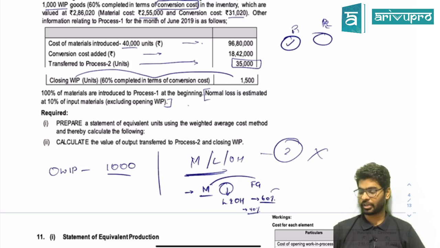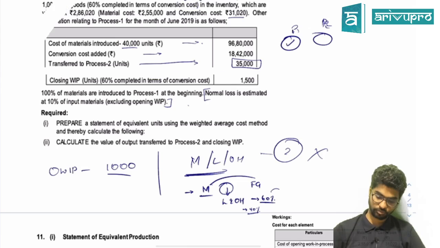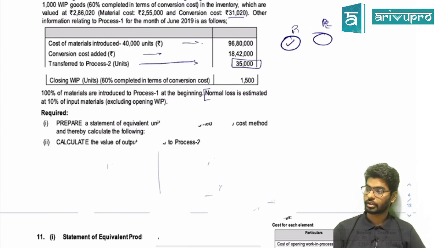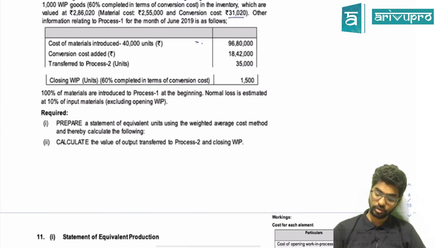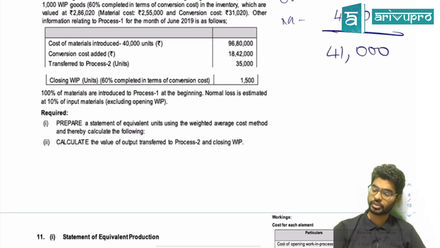Now first part of all of my process costing question, what did I say? I have to match my input versus my output. Correct? What is my input? Opening WIP 1000 units, material introduced 40,000. So total input is what? 41,000 units.